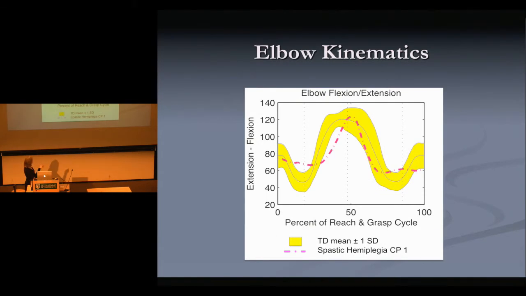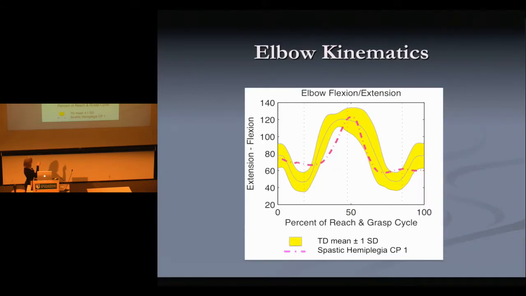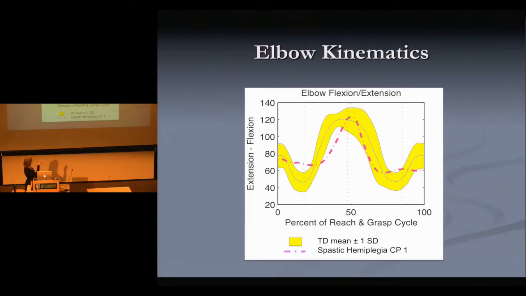So this is as a percent of the reach and grasp cycle. So the arm is flexed at initial contact, at the beginning, start. It extends during reach. Flexes again as you bring the arm up to the mouth, extends to return the cup to the table, and flexes again slightly to bring the arm back to the resting position.